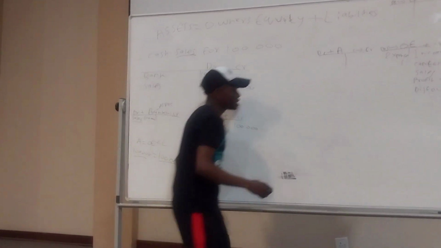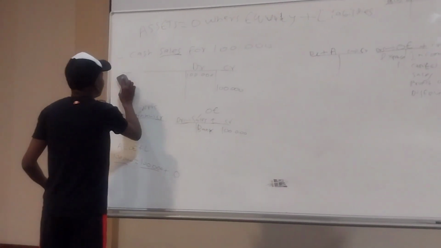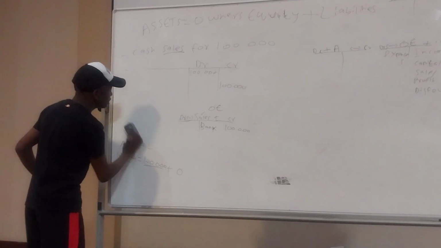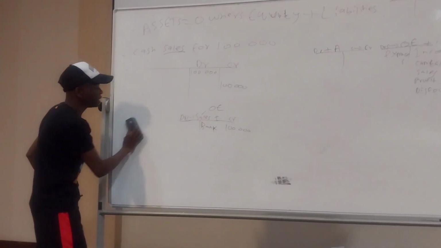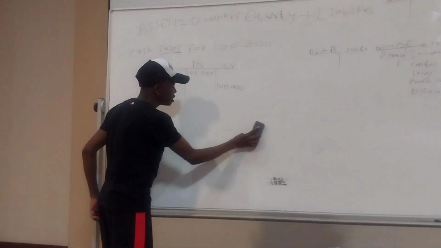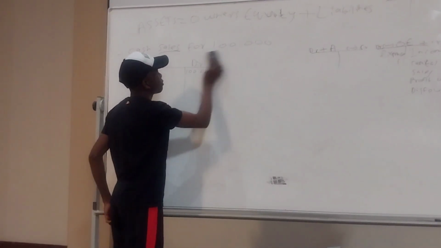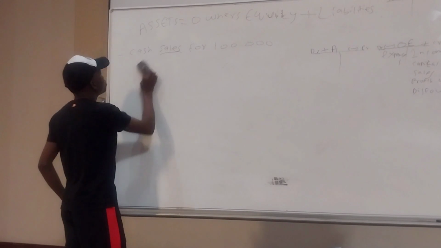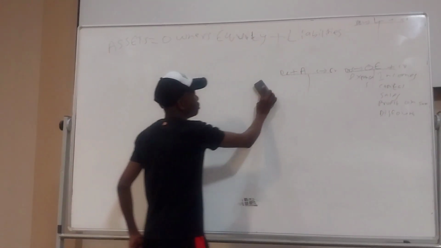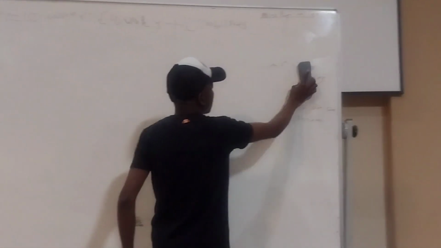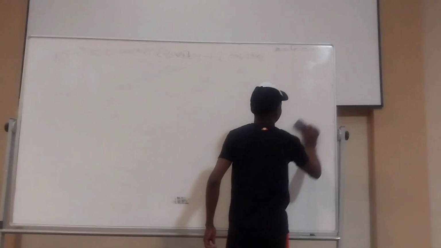Okay, let's take another example. We have another transaction. Let's say the business is purchasing something, because if I'm looking for a liability, it must be the business owing someone. Let's assume the business is purchasing inventory on cash and on credit at the same time.